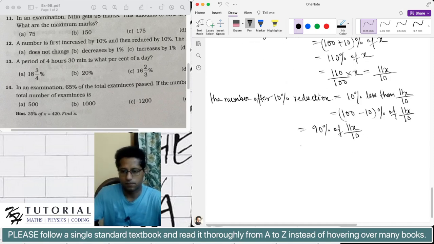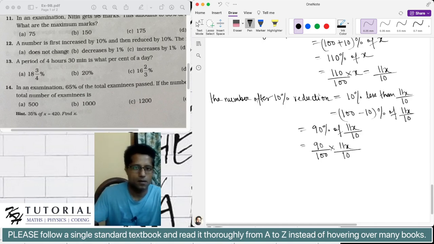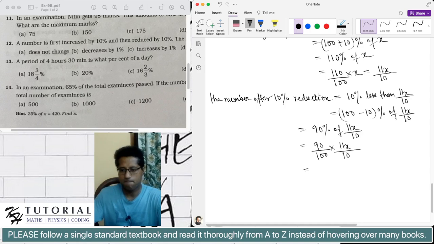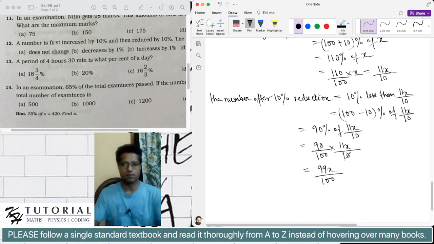This is equal to 90 by 100 multiplied by 11X by 10. Okay, so 0 cancels 0, and we have 99X by 100. So this is the number after 10% reduction.